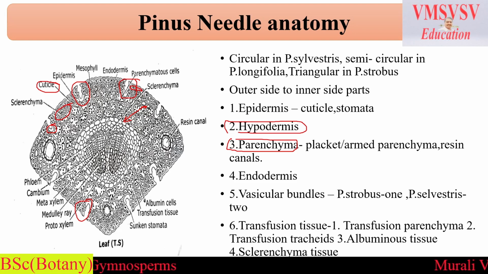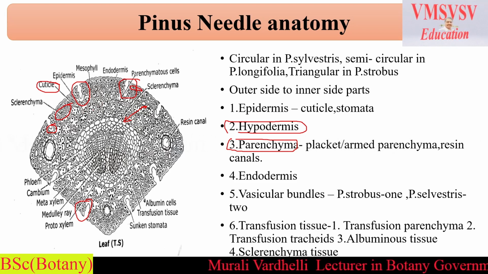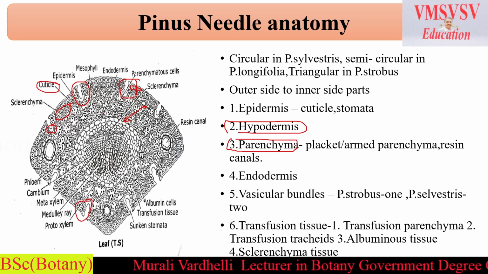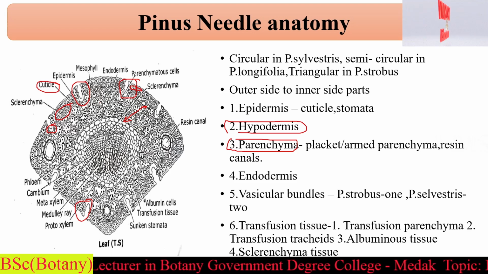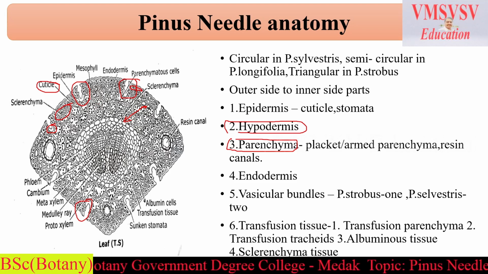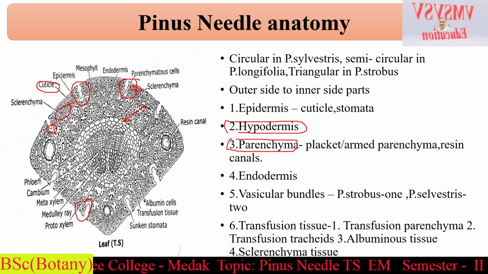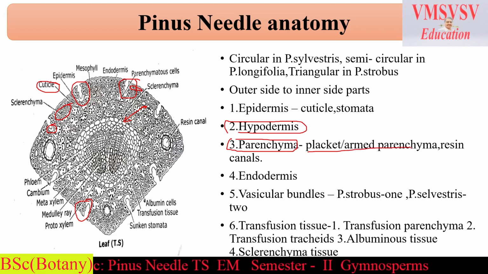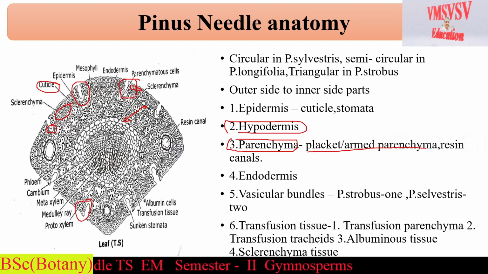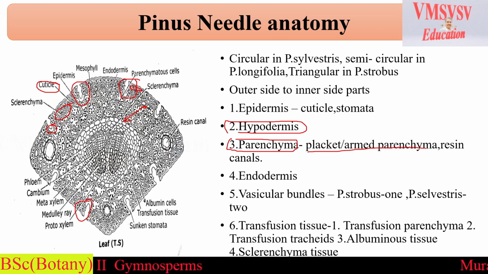These mesophyll cells have thin cell walls and infoldings of finger-like projections. The infoldings increase the surface of the cell, so it is useful in photosynthesis, because when the surface is increased, photosynthesis also increases. This type of parenchyma is called plicate or armed parenchyma.